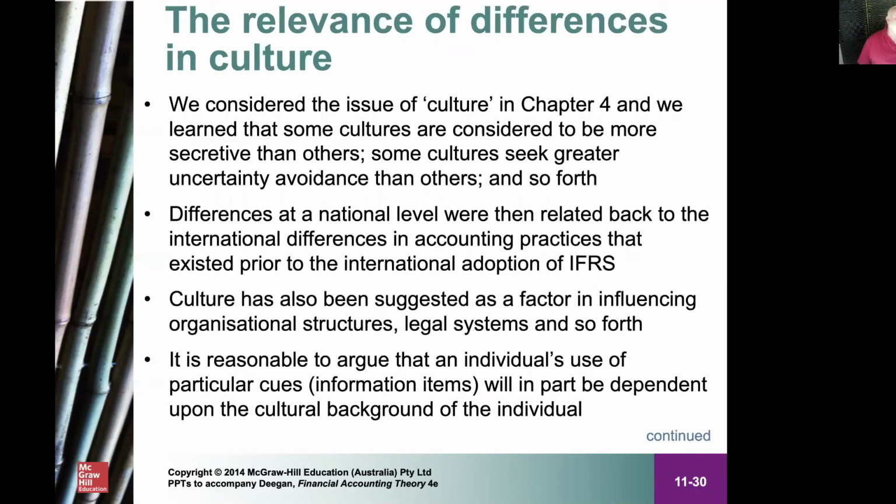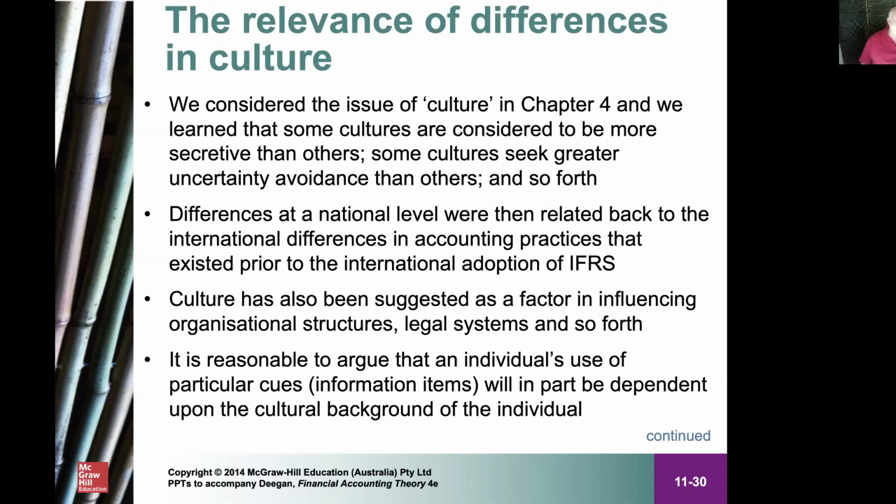Now, we talked about culture in chapter 4, and some cultures are considered to be more secretive than others. Some cultures seek greater uncertainty avoidance. So differences at a national level were then related back to the international differences in accounting practices that existed prior to IFRS.